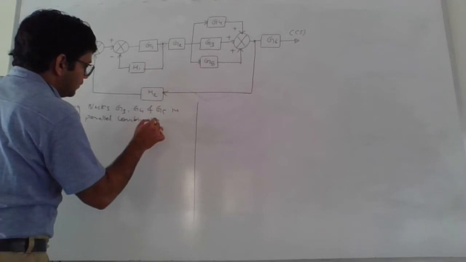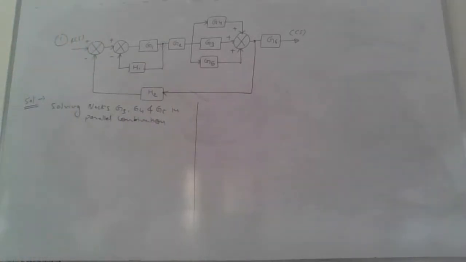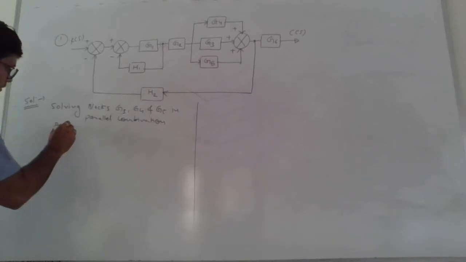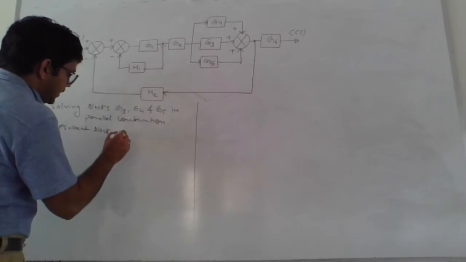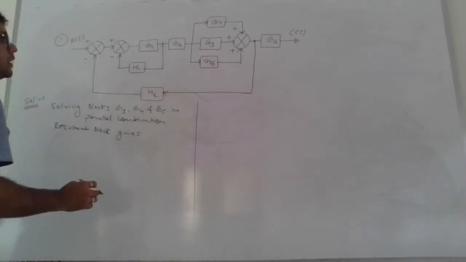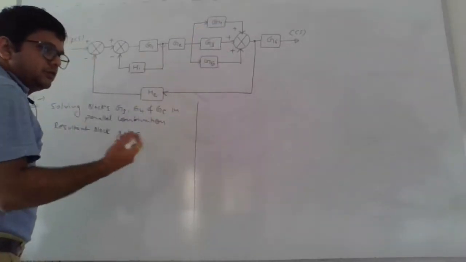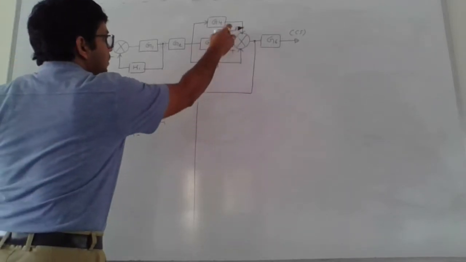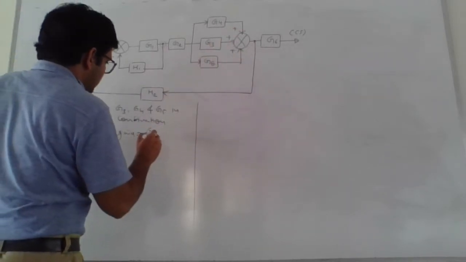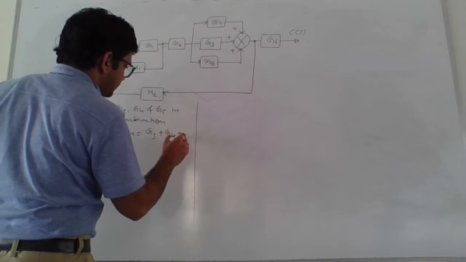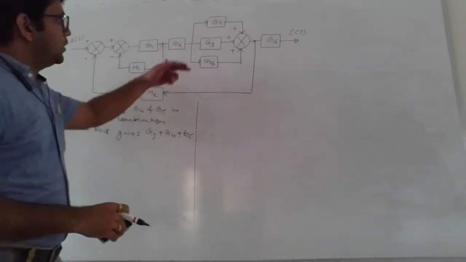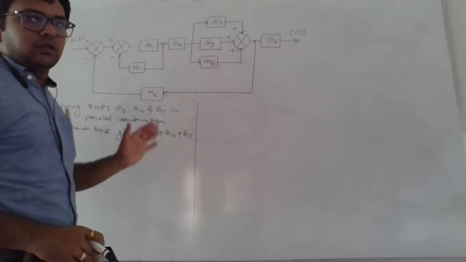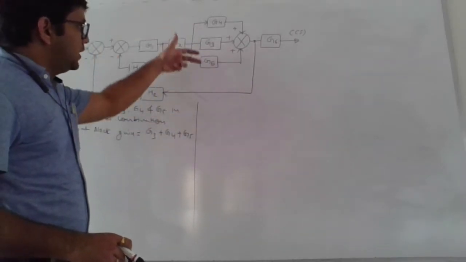When you solve G3, G4, G5 in parallel combination, the resultant block gain is given by the addition of individual block gain with their sign. Here all are positive, so we write G3 plus G4 plus G5. That means all three of these blocks are in parallel combination, and their resultant will be their addition.